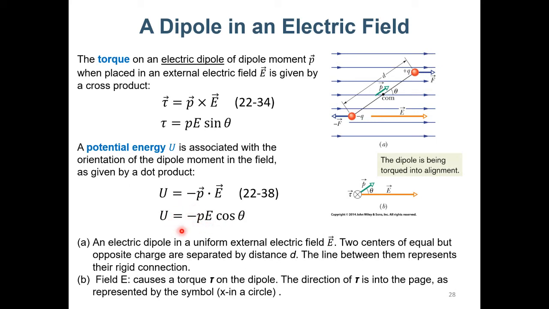And actually, we have a minus sign, which means that if the dipole moment and the electric field have the same direction, the potential energy is at its smallest, and if it is in the reverse direction, the potential energy is at its largest. So if it is aligned, there will be no torque at all, and it will remain stationary at this position.